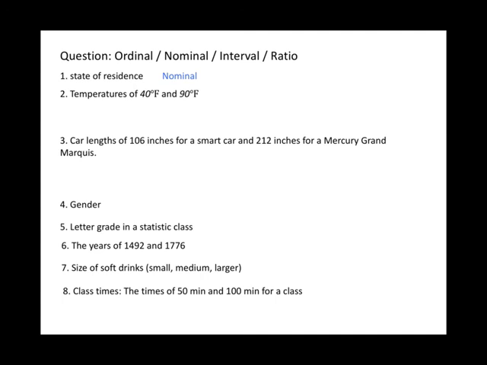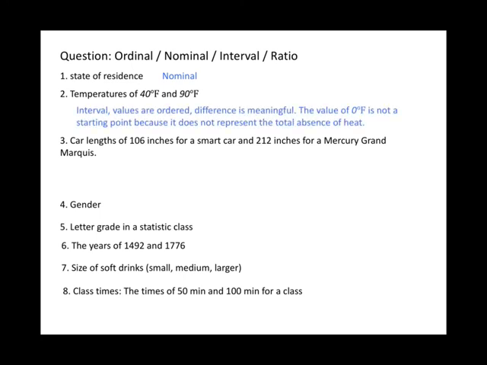This one should be interval. Okay, you can arrange in order, you can find the difference. But the value of 0 Fahrenheit is not a starting point because it doesn't apply, none of the quantity is present. Okay, 0 Fahrenheit does not represent a total absence of heat. So this is going to be interval.